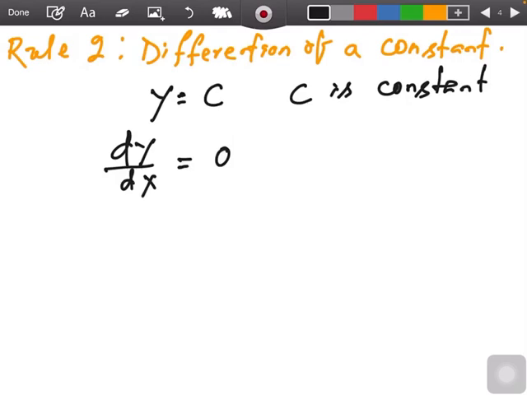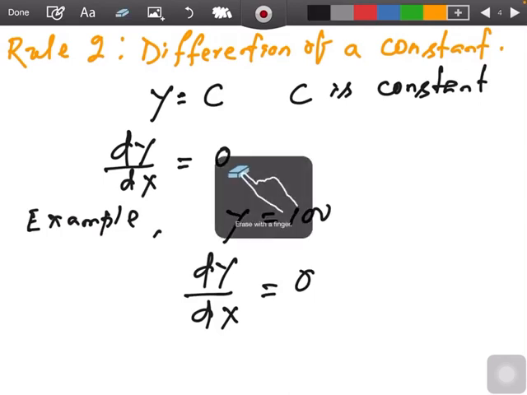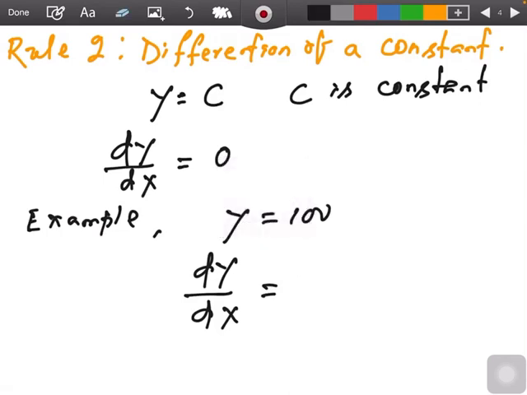You can take one example here. y is equal to 100. So dy by dx will be 0. So this is regarding your rule number 2.